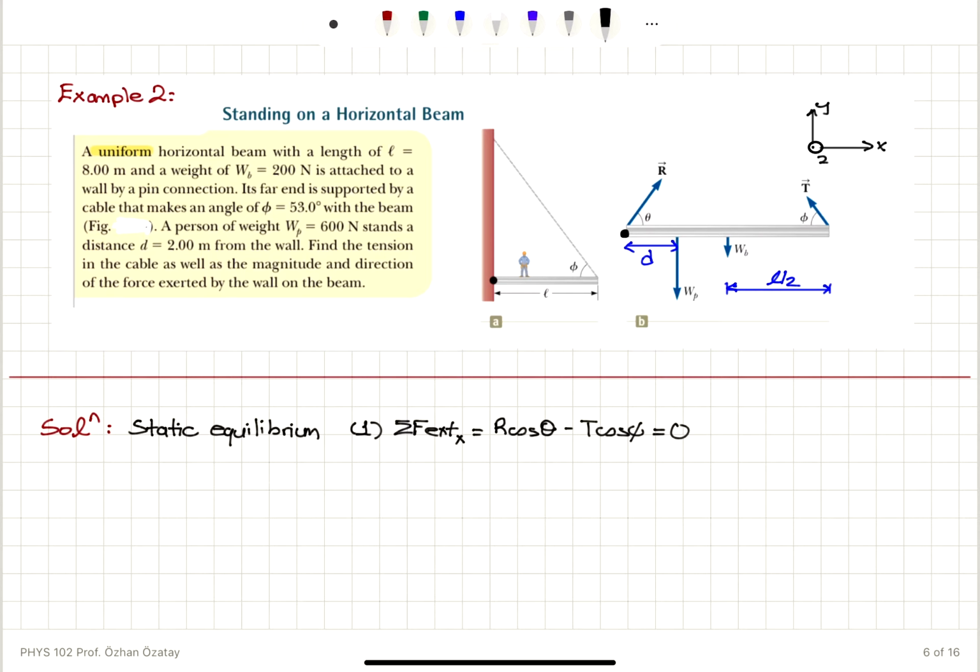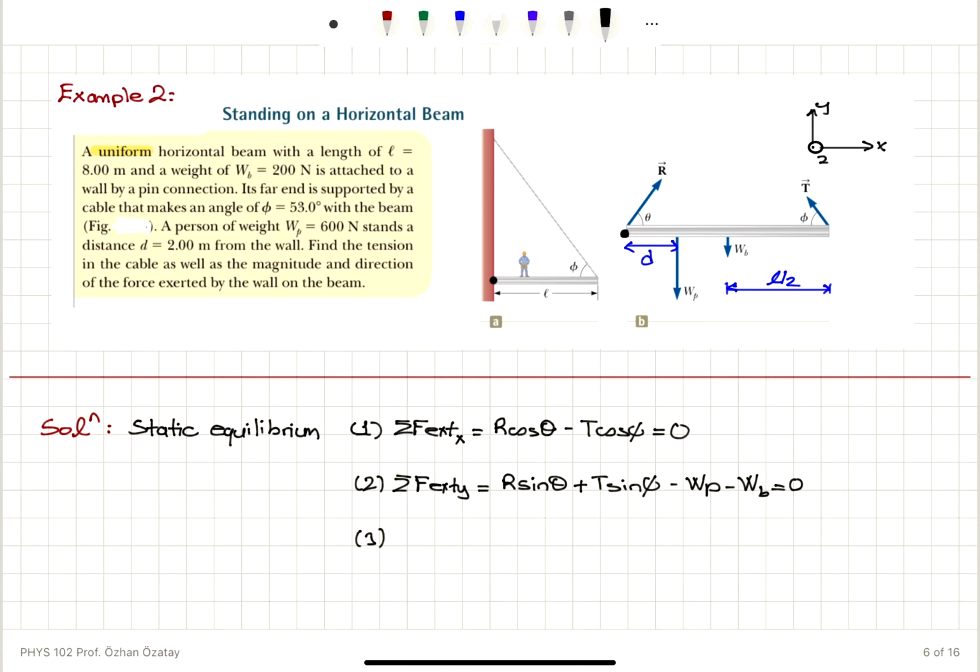So they add up to 0. The second equation would be for the y components of these forces. They should add up to 0. Now I have R sine theta pointing up, T sine phi pointing up, and these two weights pointing down. So I have R sine theta plus T sine phi, because they're in plus j hat direction, minus the weight of the person minus the weight of the beam should be equal to 0.